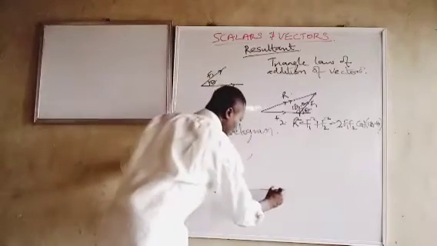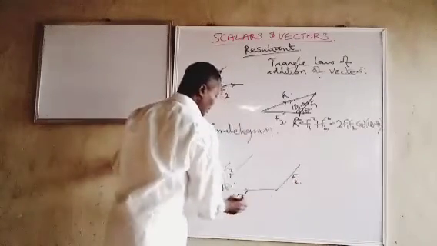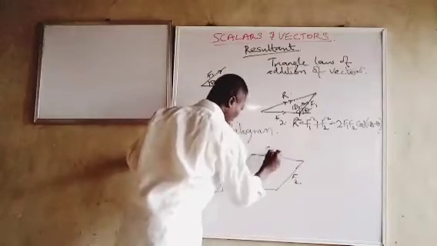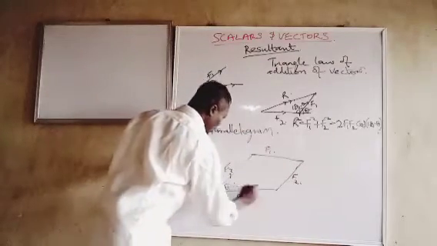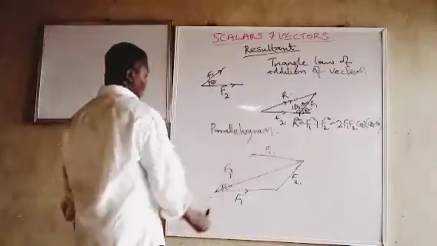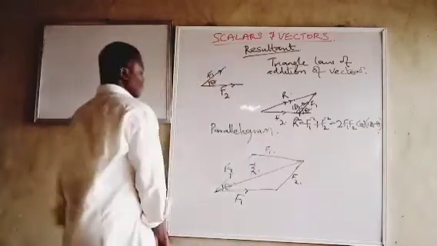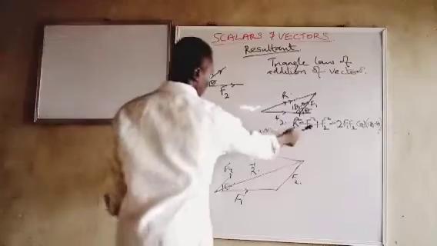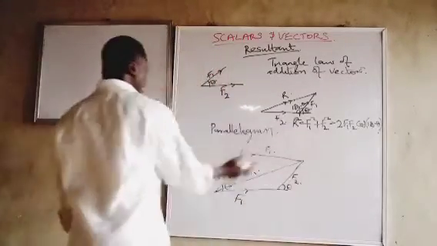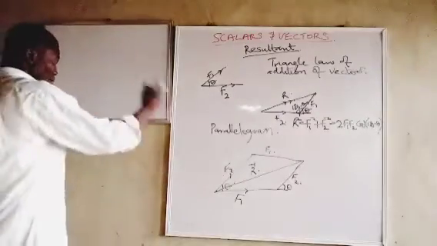You draw this side to be parallel to F2, and then this top will be parallel to F1. So the sum, the resultant, will just pass through like this. That is the resultant. And you use the same formula to get it, because at the end of the day, this place will still be the same. So that is all about the addition or resultant of vectors.